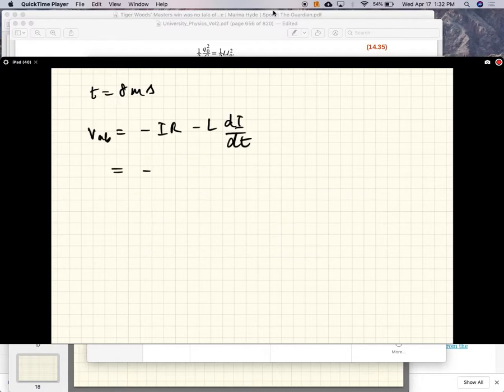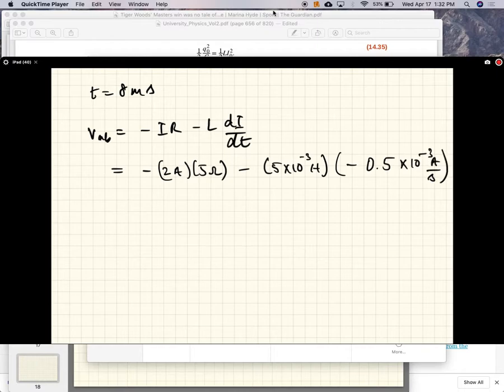Okay, so 2 amps, 5 ohms, minus 5 millihenries, and di/dt was 500, half a kiloamp per second.